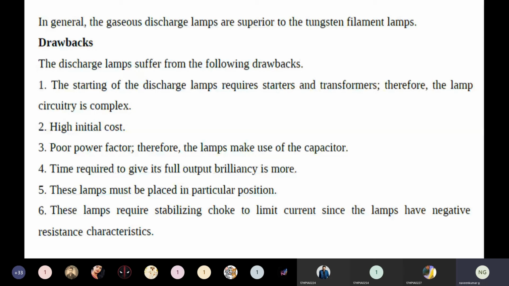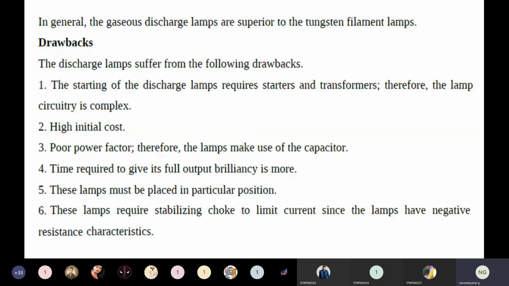But before we see these particular lamps, let's see the drawbacks of these gaseous discharge lamps in comparison to tungsten filament lamps. We have not seen tungsten filament lamps, but whatever drawbacks you are observing here, understand that they are overcome in tungsten filament lamps. So what are the drawbacks? Starting of the discharge lamp requires starters and transformers, so that makes the circuit complex.